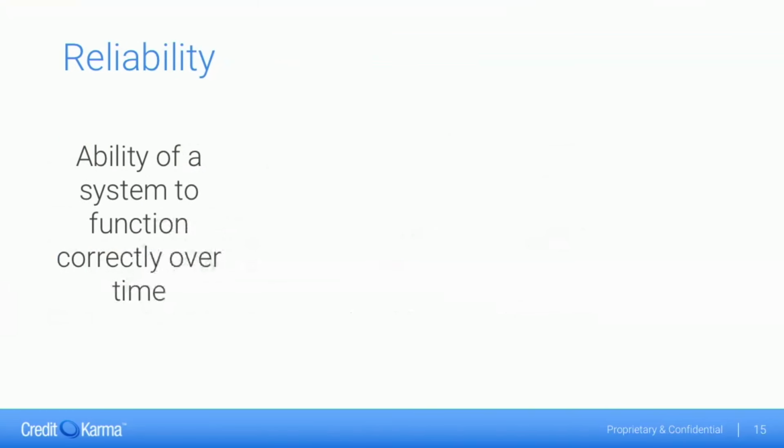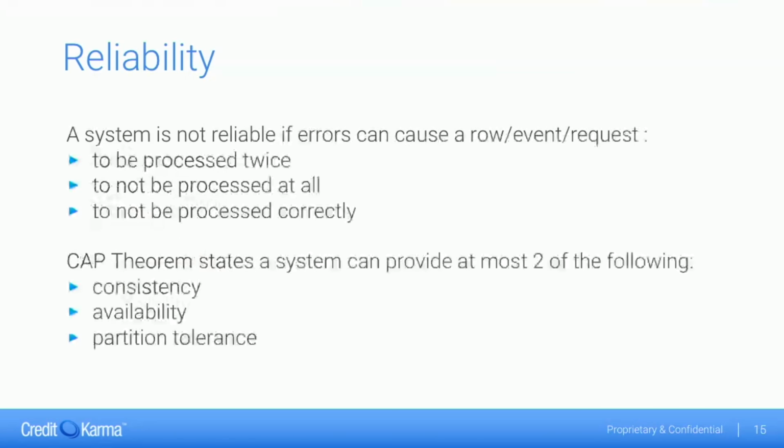So when I'm looking at choosing a particular platform, I generally look at 3 different aspects of that platform. The first one I always look at is reliability. So that is basically how often you're processing a row or how likely you are to process a row. Are you guaranteed to process it once? Are you guaranteed to process it at least once?